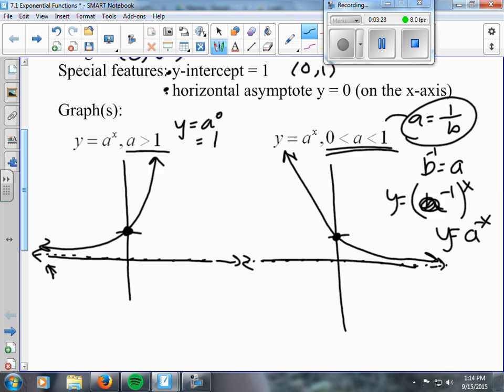And so you can see this is just the reflection over the y-axis. That's what happens if you stick a negative in front of the x: you reflect over the y-axis.